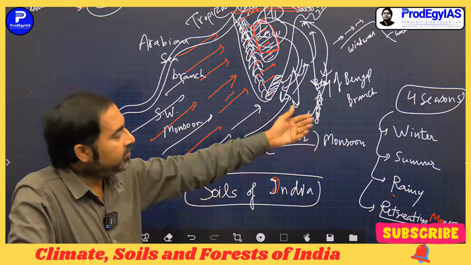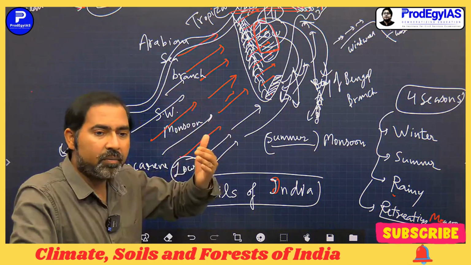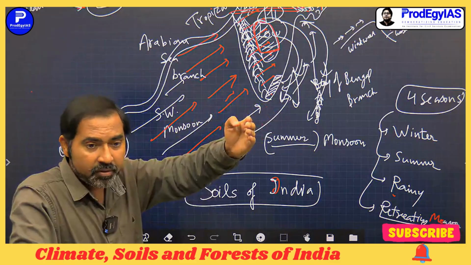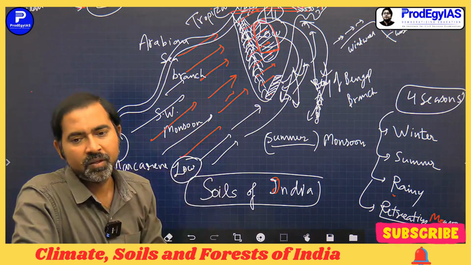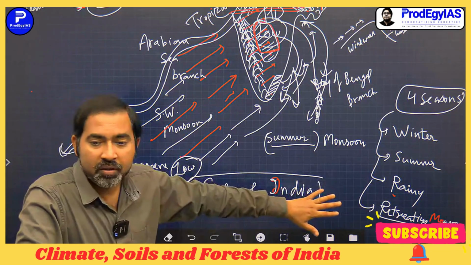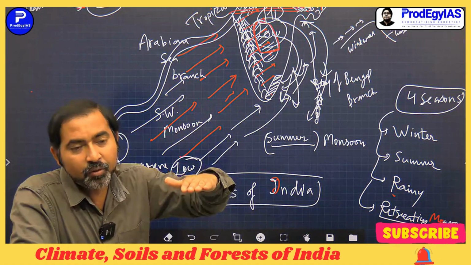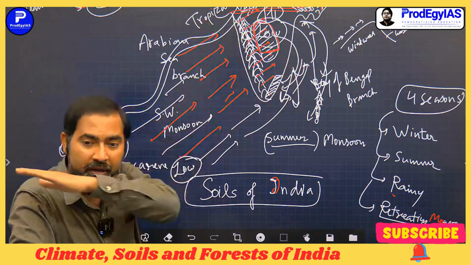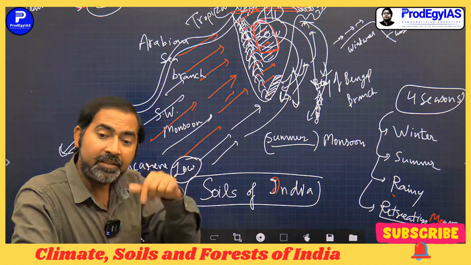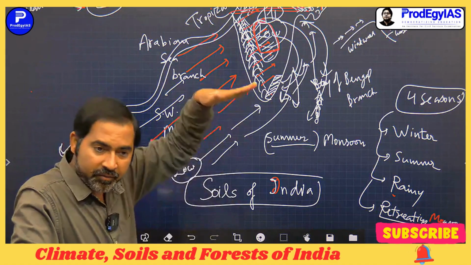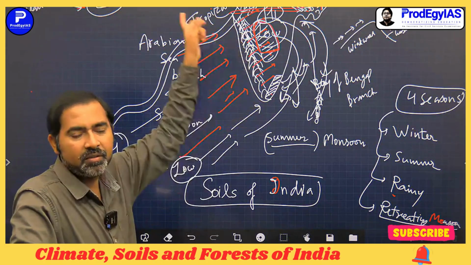Okay. So as winter comes, the position of jet streams also shifts with the shifting of sun's location. Up to now there was no positioning of that subtropical westerly jet over this region, over Delhi, over northern parts of India. As winter arises with the shifting of all the belts, that makes its position above India.